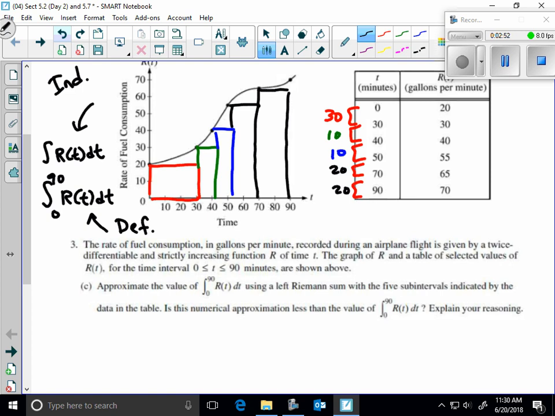So what we're going to do is find the area of these 5 rectangles, these 5 subintervals, and we're going to add them all up. So the area of the first one, base is 30, height is 20, so 3 times 2 is 6, so that would be 600. The area of the second subinterval would be 10 by 30, which is 300. The area of the third subinterval would be 10 by 40, which would be 400.